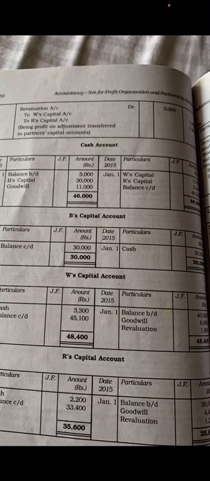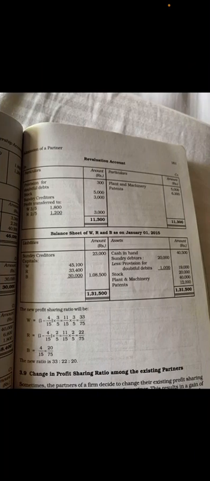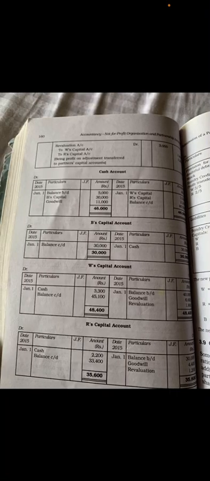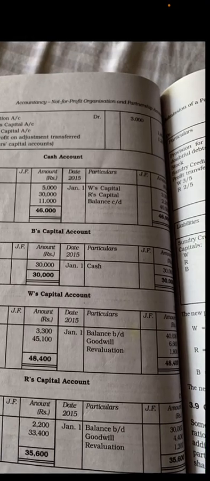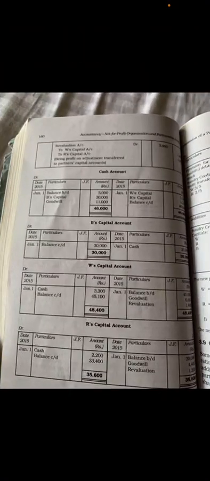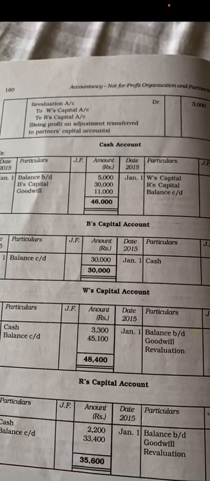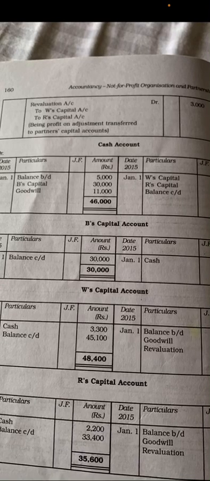Next is transferring the revaluation profit. From your revaluation credit account, whatever is credited, you deduct the debit and the difference is your profit. So when you do that, you get 3,000. So 3,000 is the profit. This profit will be transferred to the existing partners in their old ratio.